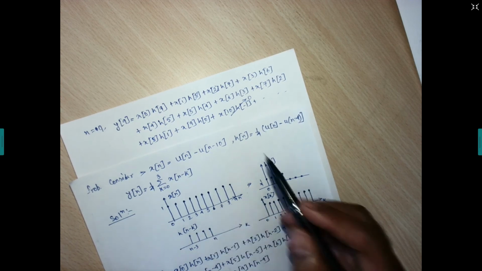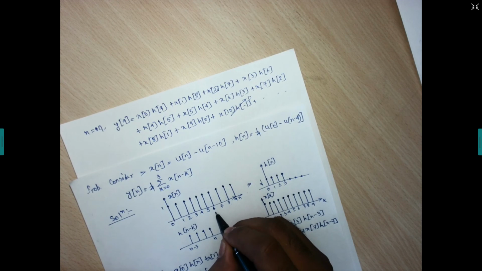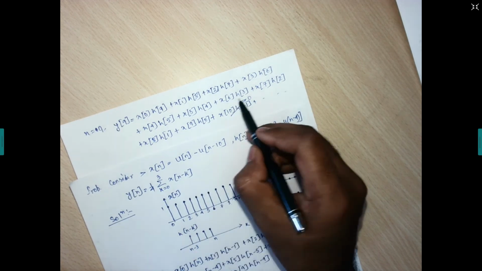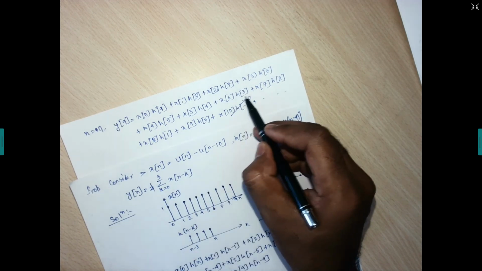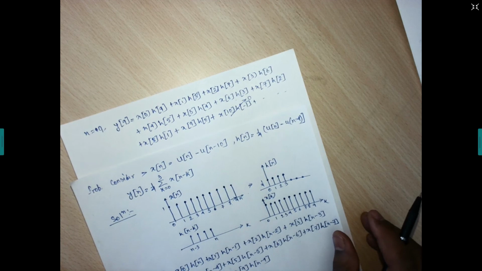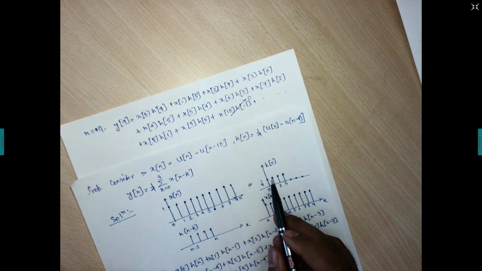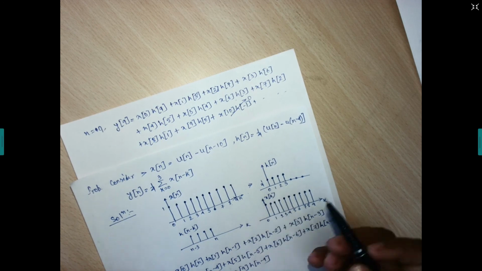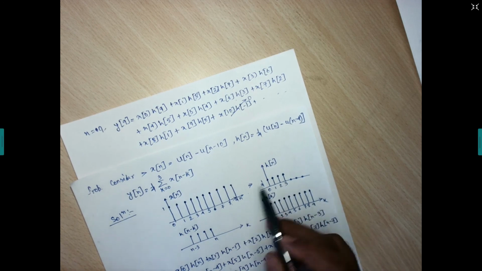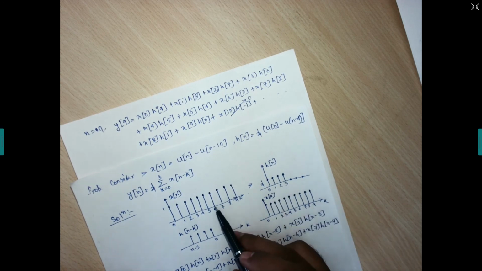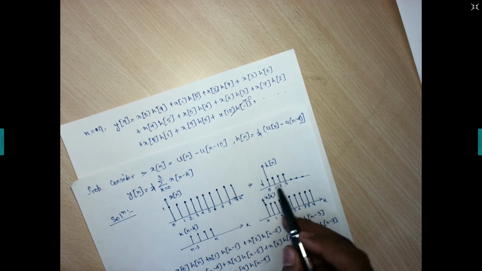Now for y of 9, we have the interaction from x of 6. Starting from x of 6, we have the interaction with h[n] where h[n] maintains a non-zero value. So up to n equals 9, all of the h[n] samples have an interaction with non-zero values of x[n], and all the samples of h[n] have non-zero value.